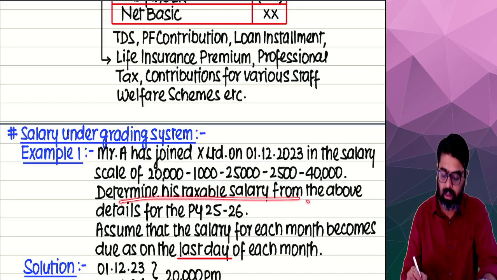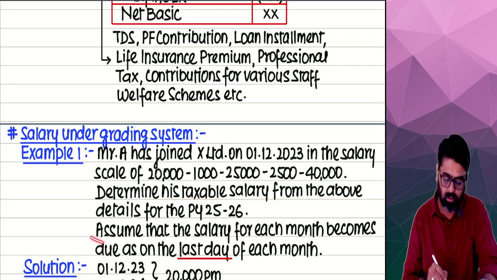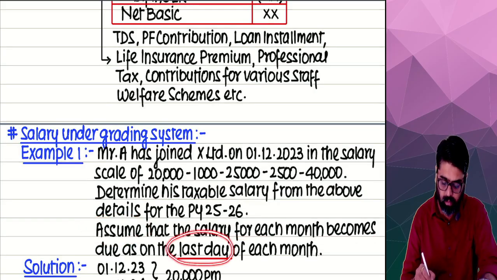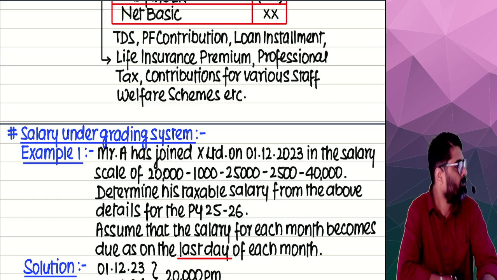Determine his taxable salary from the above details for the previous year 25-26. Assume that the salary for each month becomes due as on the last day of each month. Come on, do it fast.